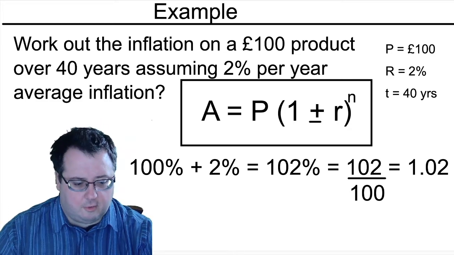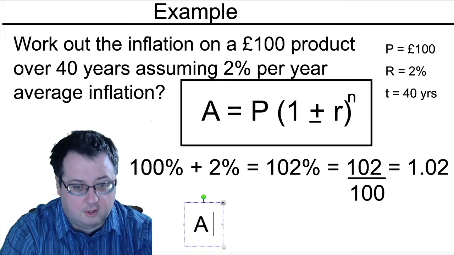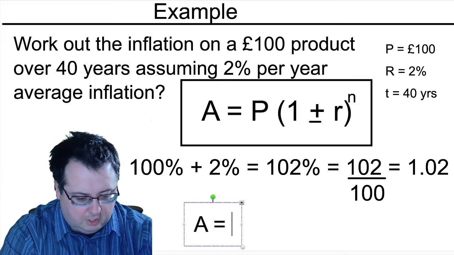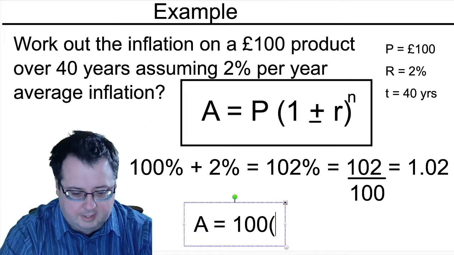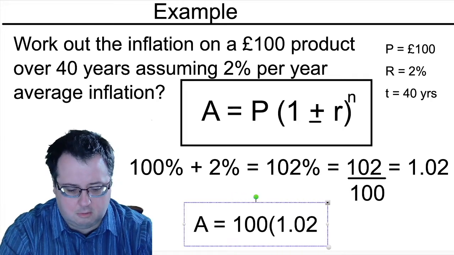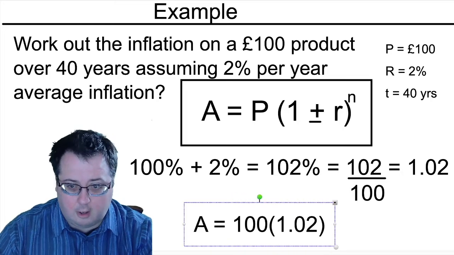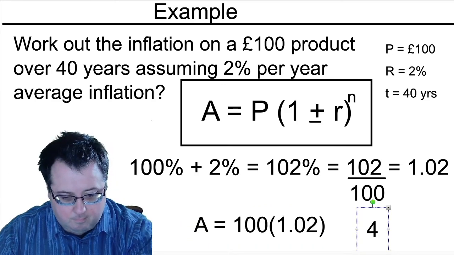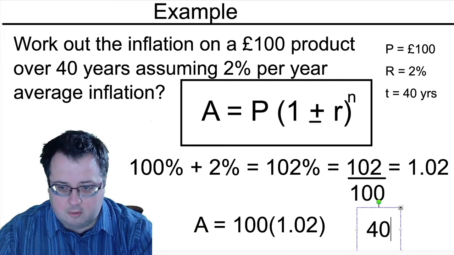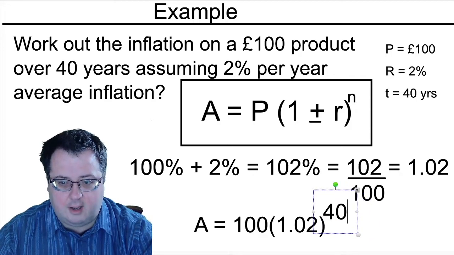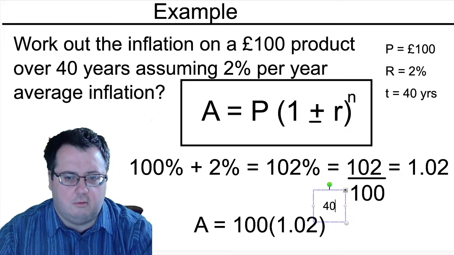Now we're going to use the formula to find our amount, which will equal the principal of 100 multiplied by 1.02 raised to the power 40. So that is something you cannot do in lots of lines.